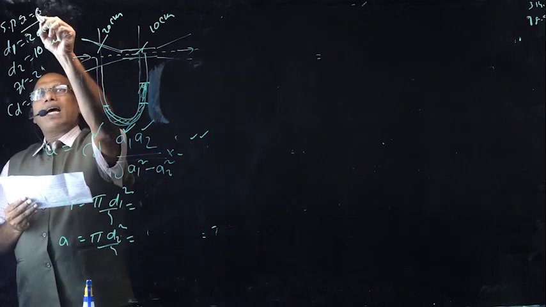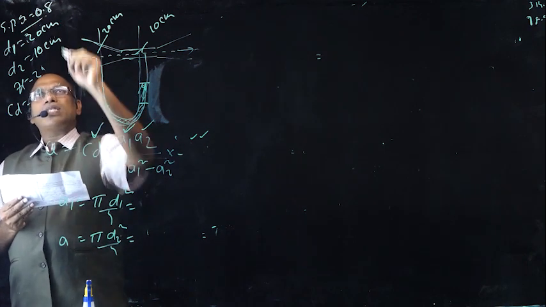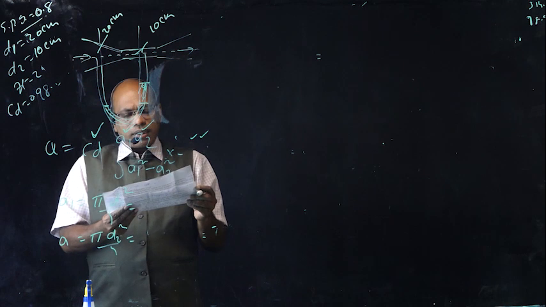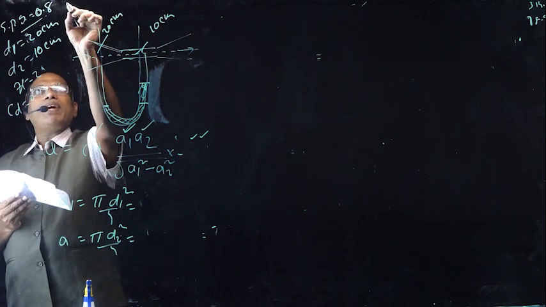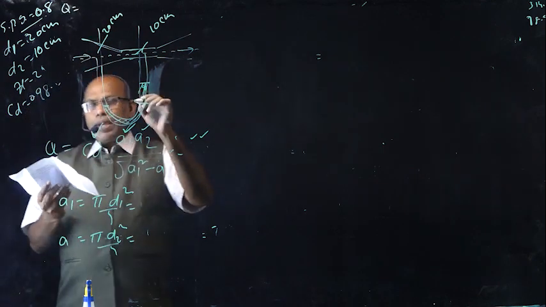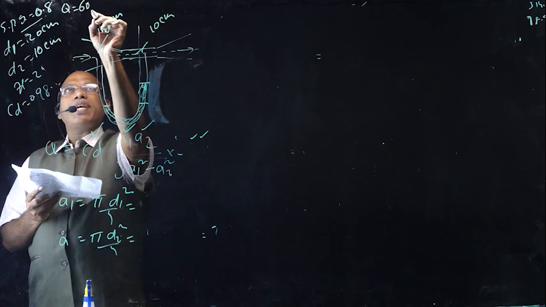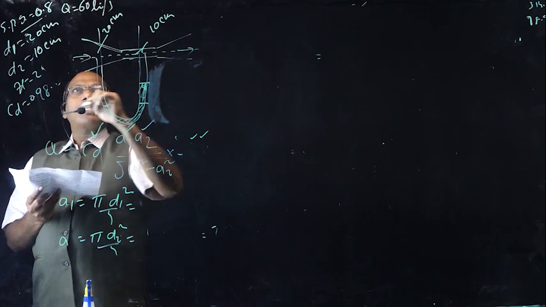The discharge of oil through the venturimeter is 60 liters per second. In this problem, they have given discharge Q equal to 60 liters per second.